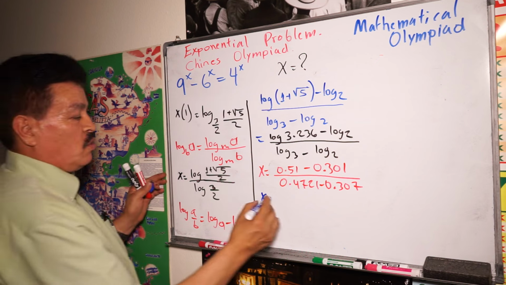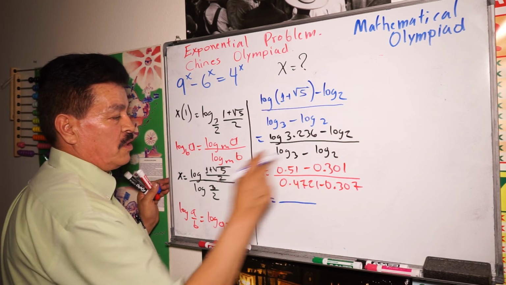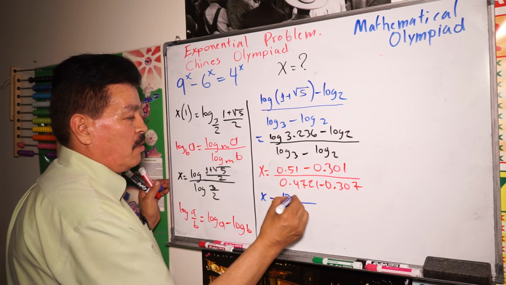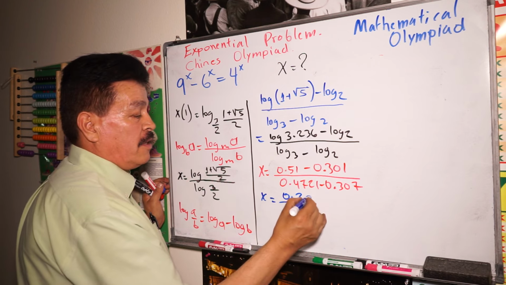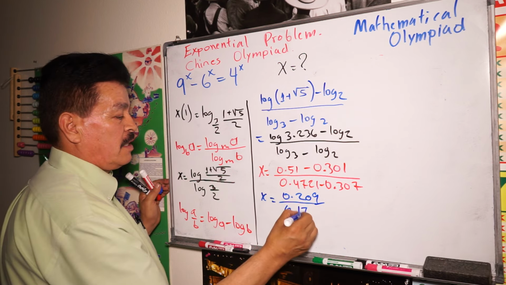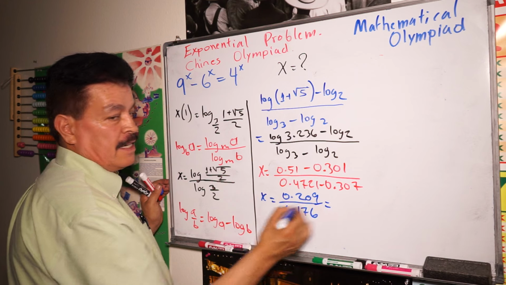You simplify and subtract, x equals 0.209 divided by 0.176. Yeah, it is.